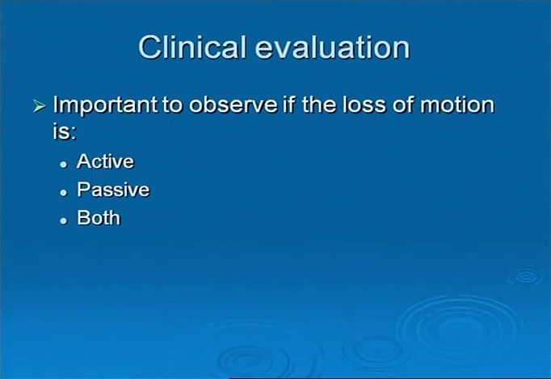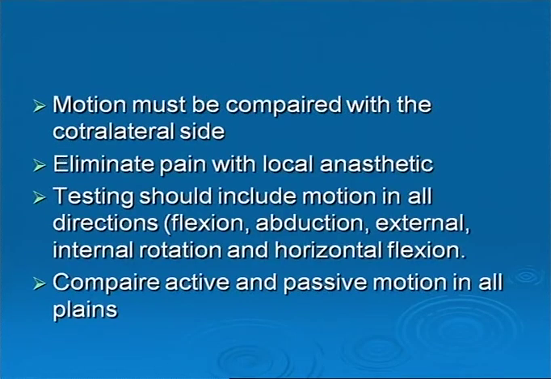In the clinical evaluation, it's important to observe the loss of motion both in active and passive ways. The motions must be compared with the contralateral side. The pain should be eliminated with local anesthetic, and testing done in all directions: flexion, abduction, external rotation, and horizontal flexion.